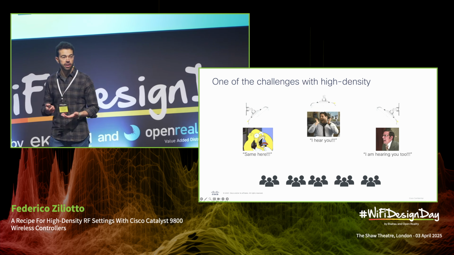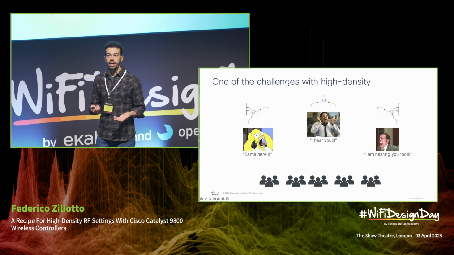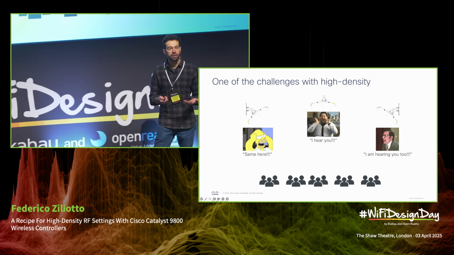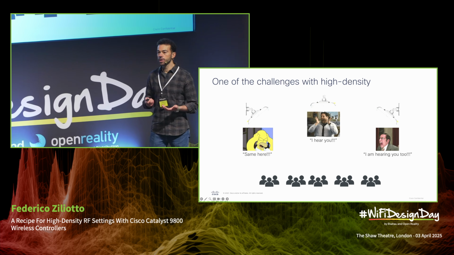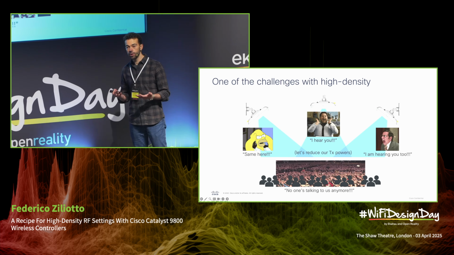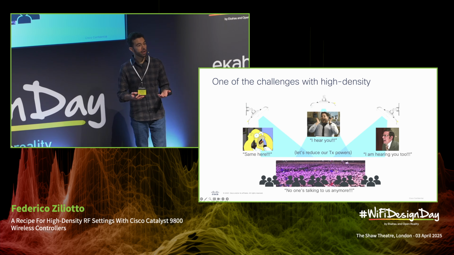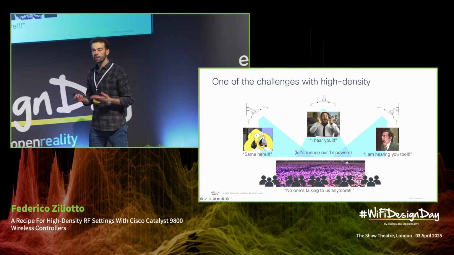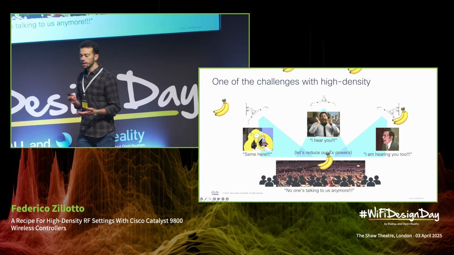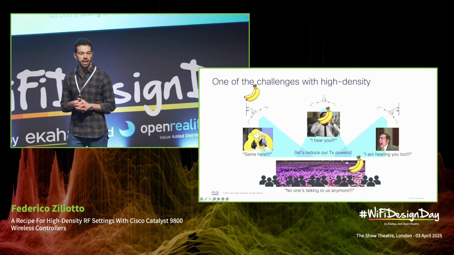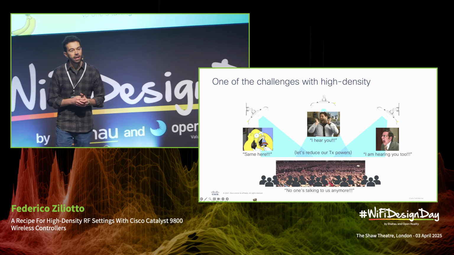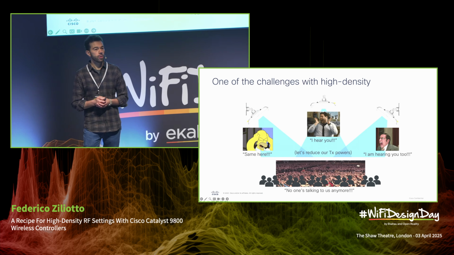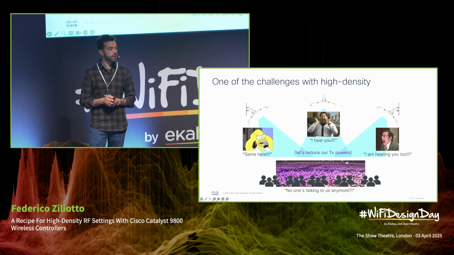They are hearing each other very well, so they may decide that in the end, they don't really need to talk that loud anymore. Everyone is hearing each other fine. So transmit power assignment may get automatically reduced, and the clients on the ground are not that happy anymore, okay? And that's usually when the high-density deployment starts going a little bit bananas. So this is the kind of challenge we are facing, the thing we sometimes try to avoid with high density and some other use cases, all right?